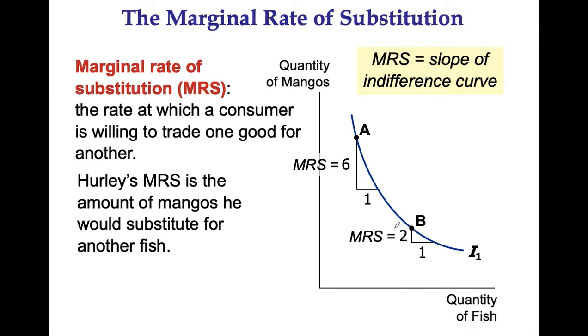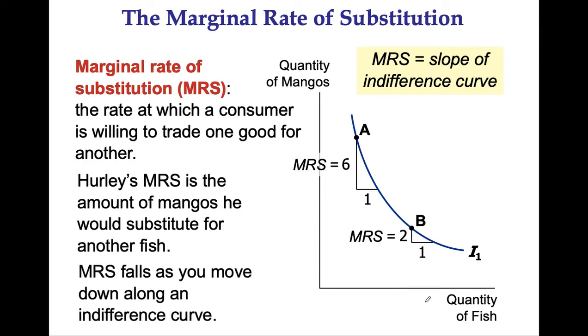And this slope, mathematically, is negative, and it is expected to increase as the quantity of fish increases.